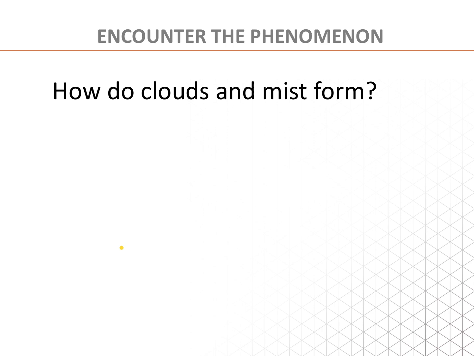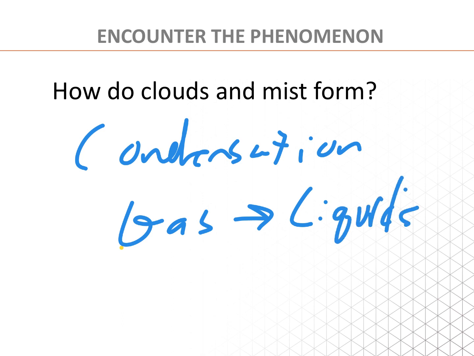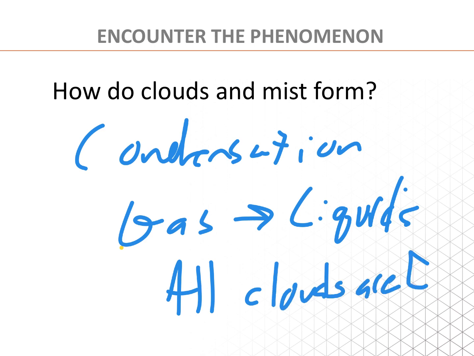So remember, condensation is gas into liquid, which means, we've said this before, all clouds are liquid or solid. Remember, with the solid part, they could actually be ice crystals.